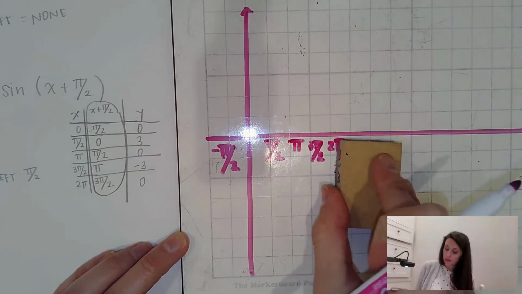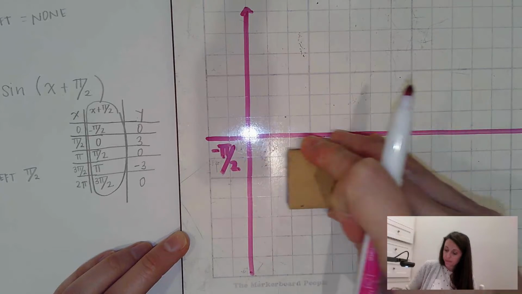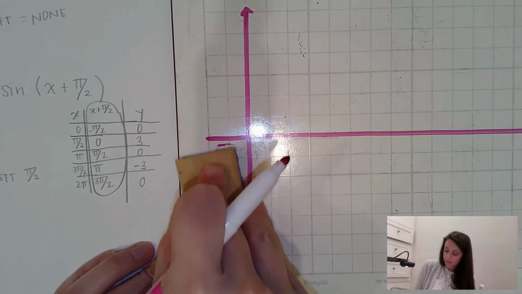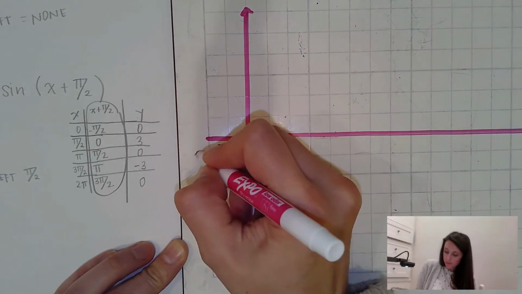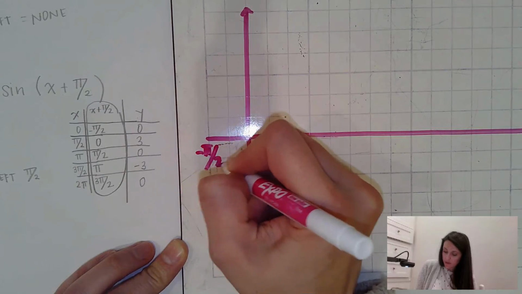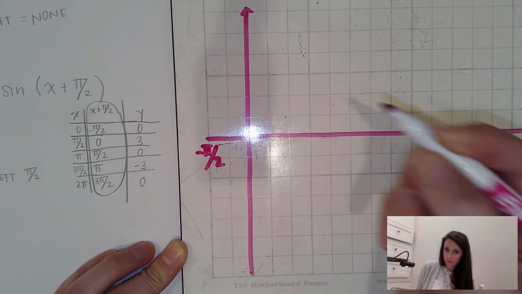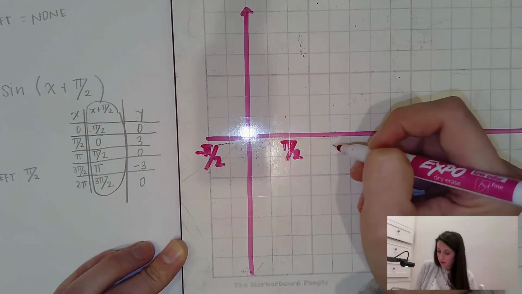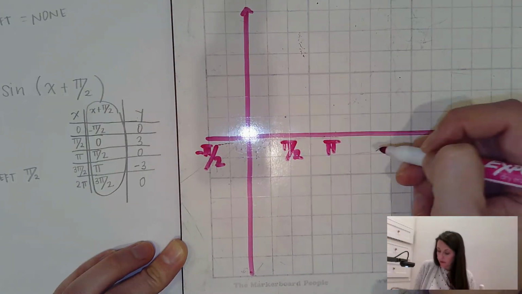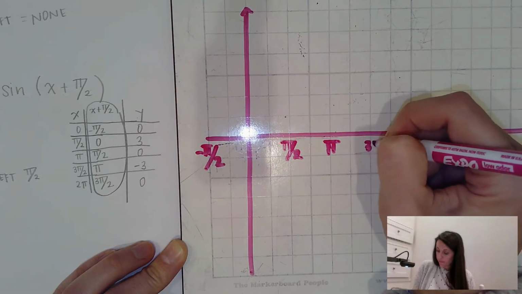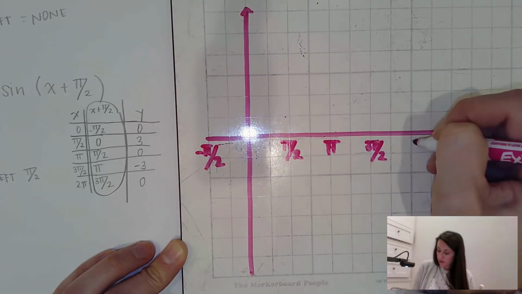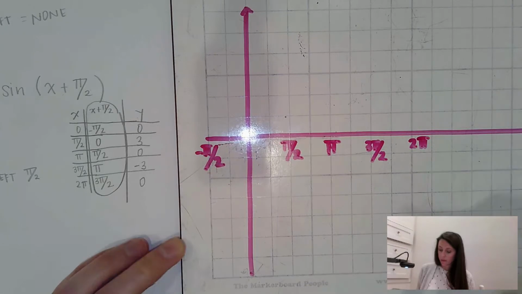Let's not go so close. Let's spread that out a little bit. I'm getting too scrunched in there. So, how about this? Negative pi over 2, a 0, a pi over 2, skip 1, pi here, 3 pi over 2. And I could continue going all the way around.